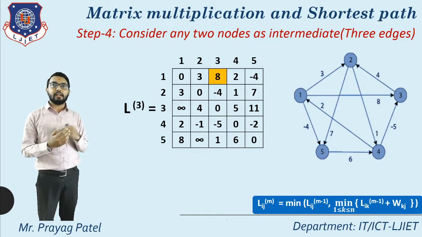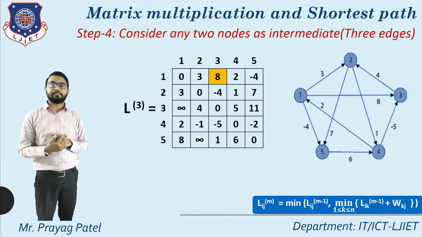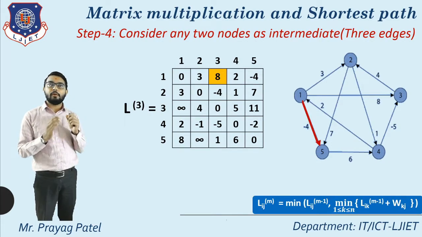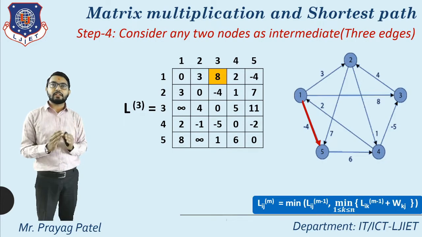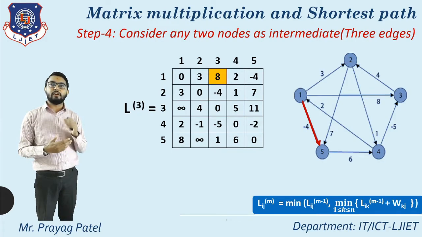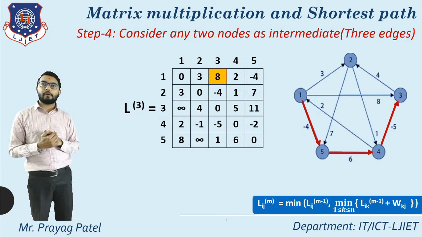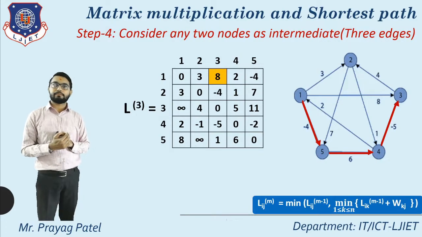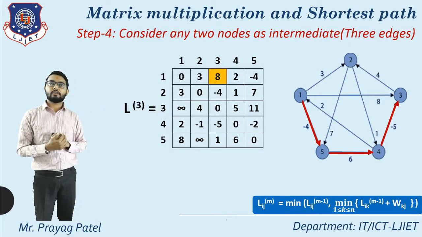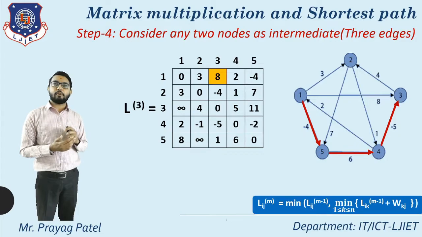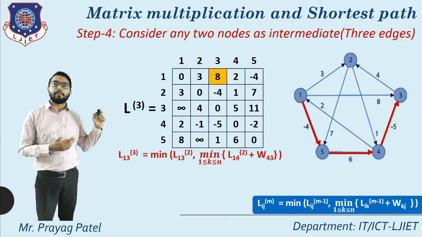Next location 1, 3. Consider two nodes as intermediate. The old value here is 8. Now consider the path from 1 to 3 with two nodes as intermediate. Then 1 to 5 is the first path, then 5 to 4, then 4 to 3. So here consider 5 and 4 as intermediate nodes. So the distance of this is -4 plus 6 plus -5.